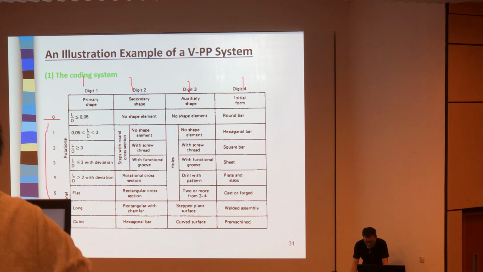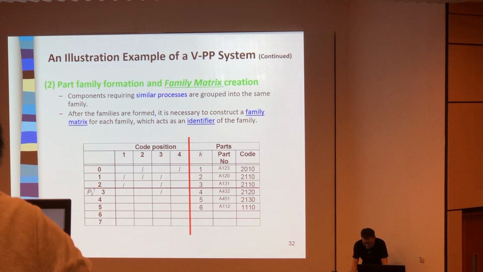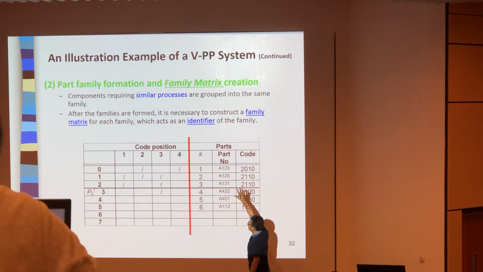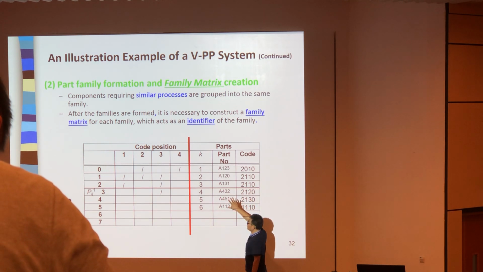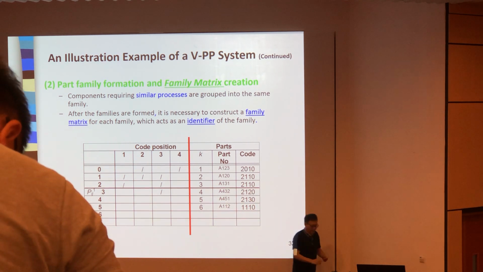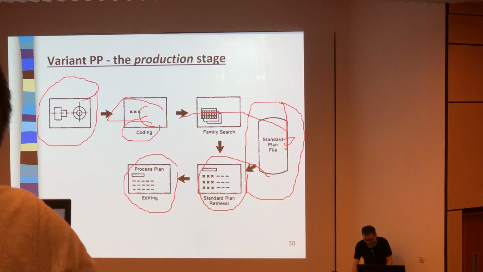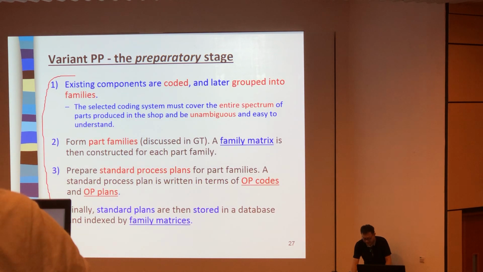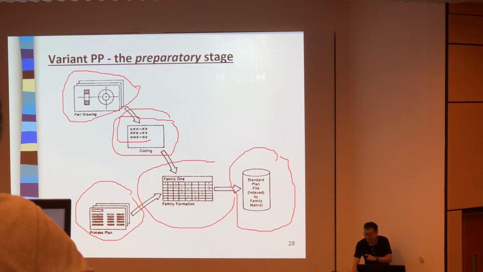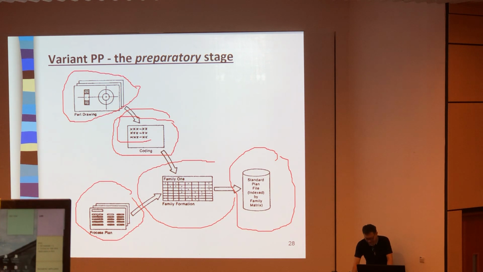Okay, the second step, let me explain to make it easy to follow. The step skipped in this example is that all the parts are coded with their process plans, and the PFA procedure is already done.